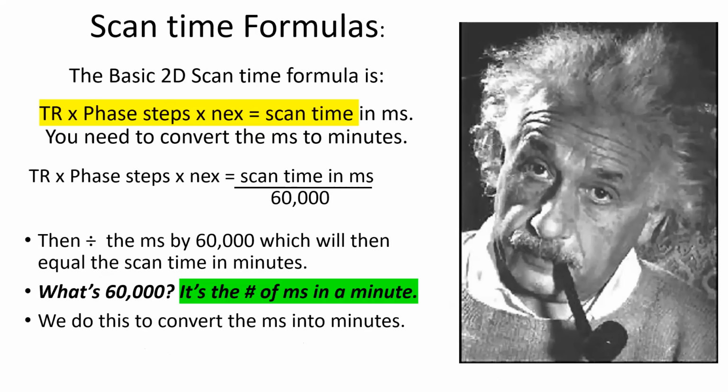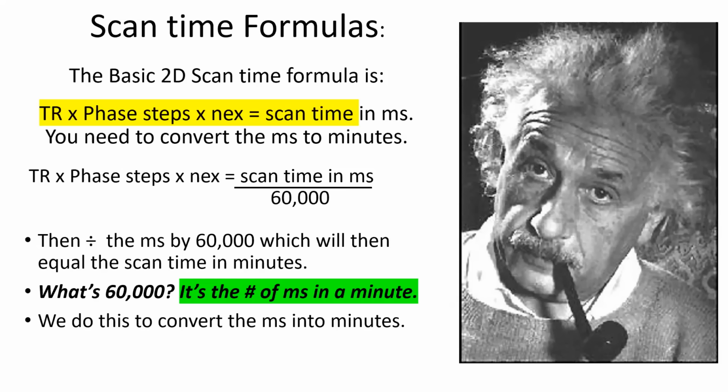Okay, so let's do some scan time formulas. A lot of the texts that I know are kind of weak at this, and this is something I want you to practice. You need to do this multiple times before you go sit for your registry. So the basic scan time formula is TR times phase times NEX. And that's going to give you a great big number in milliseconds.